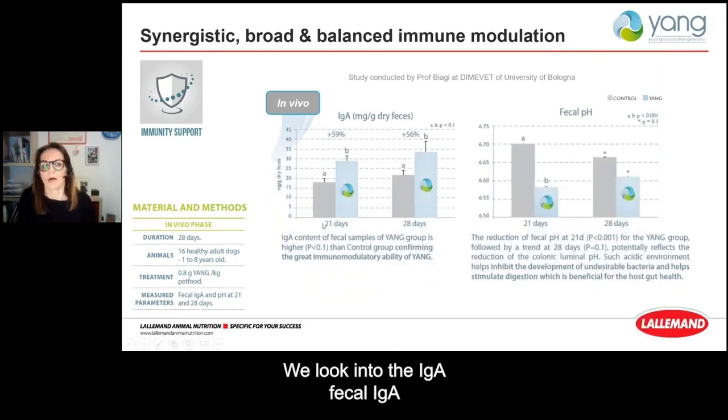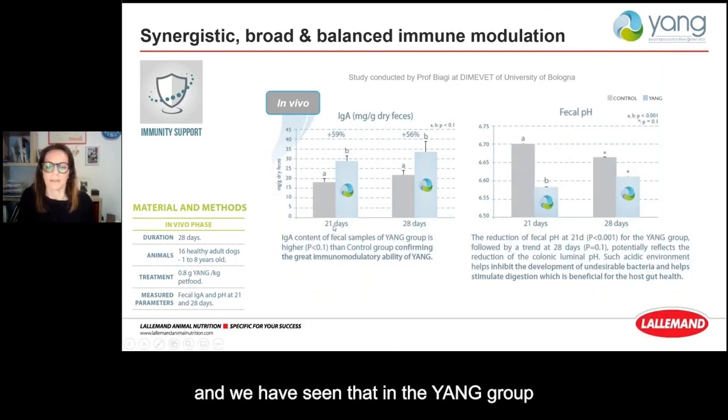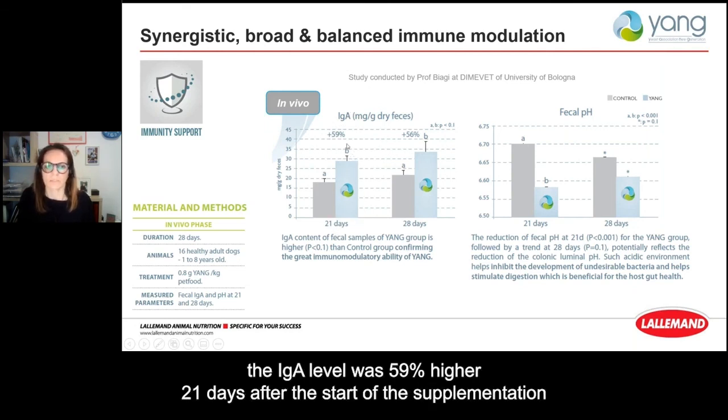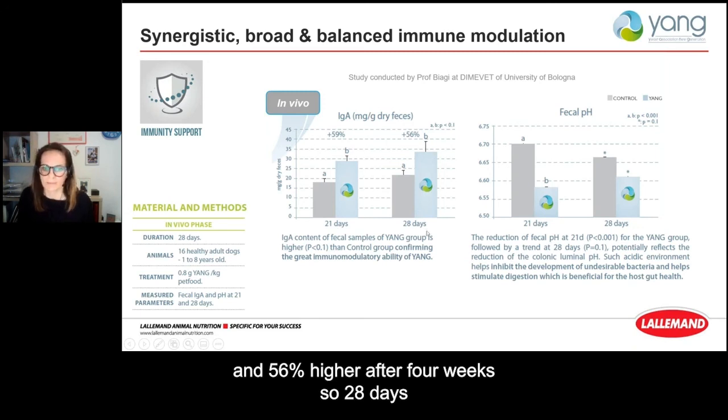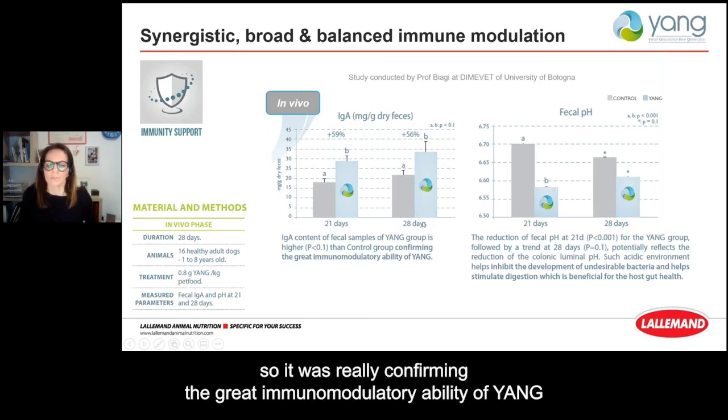We looked into fecal IgA, and we have seen that in the Young group, the IgA level was 59% higher 21 days after the start of the supplementation and 56% higher after 4 weeks, so 28 days. So it was really confirming the great immunomodulatory ability of Young.